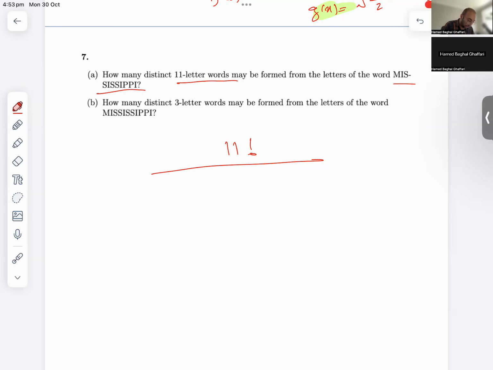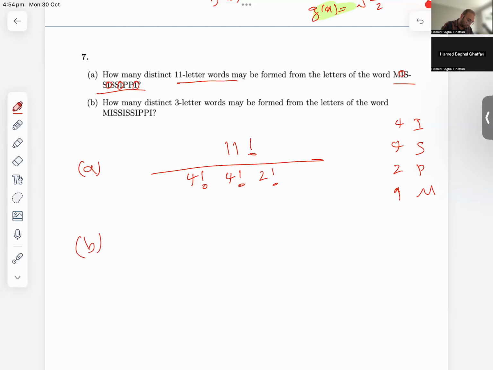We've got four I's, so 4 factorial here, and 4 factorial for S. For P, we've got 2 factorial, and we've got one M. So this is the answer of part A.